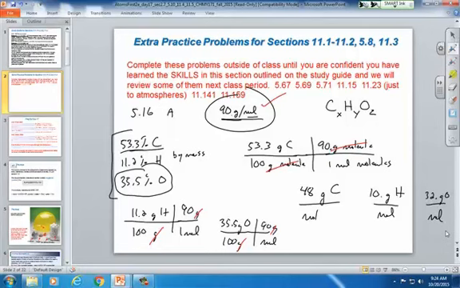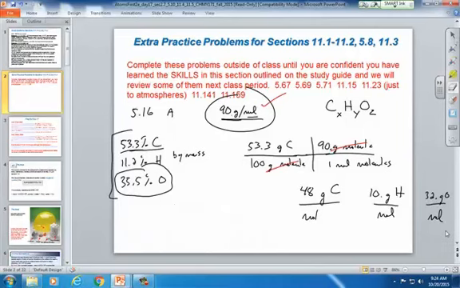Right, so if I have 48 grams of carbon, and each carbon has a mass of 12 grams, so how many carbons do I have? Right, so I could set that up as a conversion, or if you can do that in your head. So if I want to know how many carbon atoms there are in 48 grams, well, each carbon is 12 grams of carbon per mole.